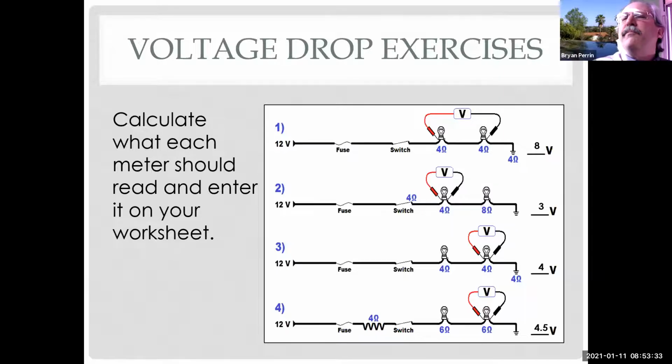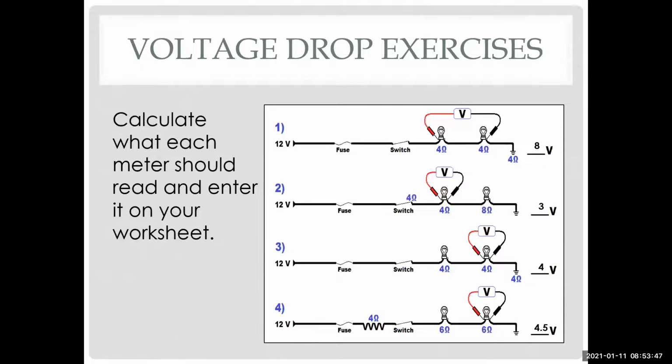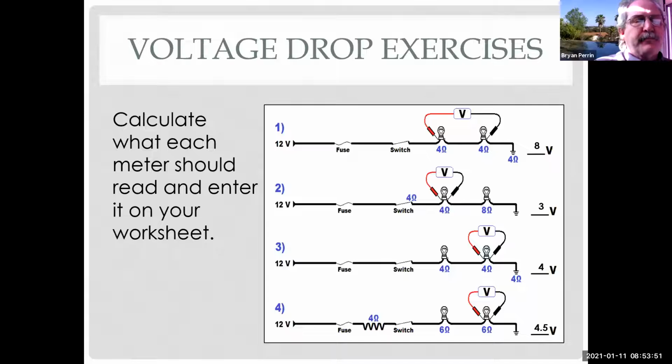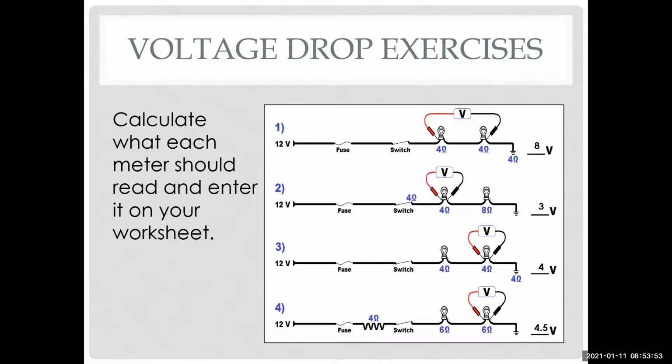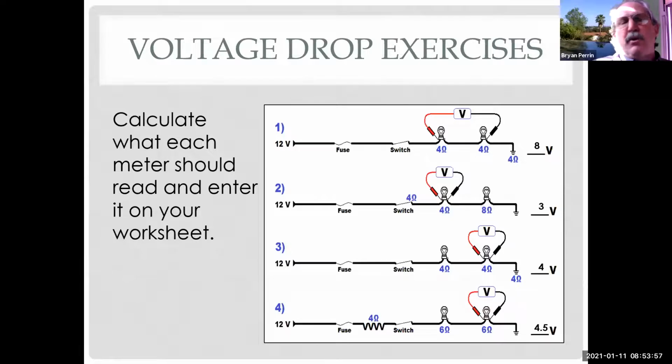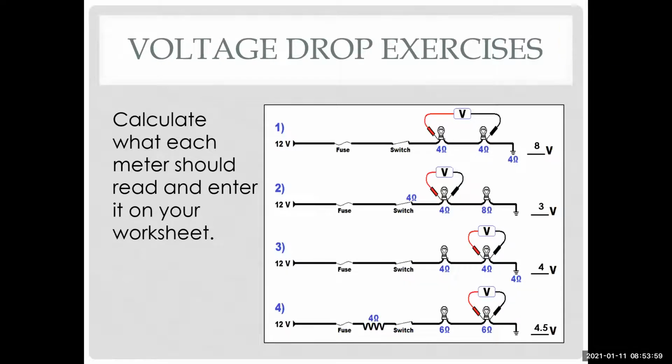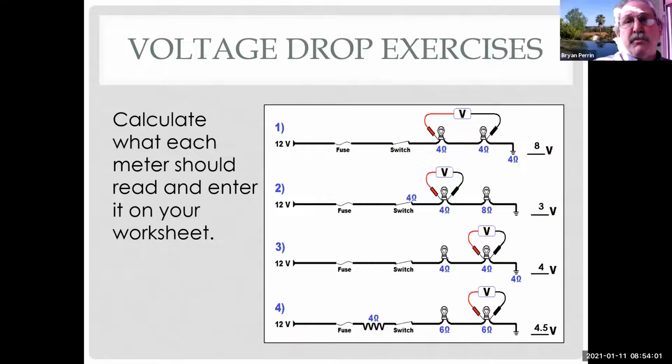Can you please go just one more time on number 4? Number 4, sure. So I have a total of 16 ohms of resistance, right? The 4 plus the 6 plus the 6. So I take 12 divided by 16. That's 3/4 if I reduce it. And if I want to make it a decimal, it's 0.75. So then I have to take that, which is my current flow.